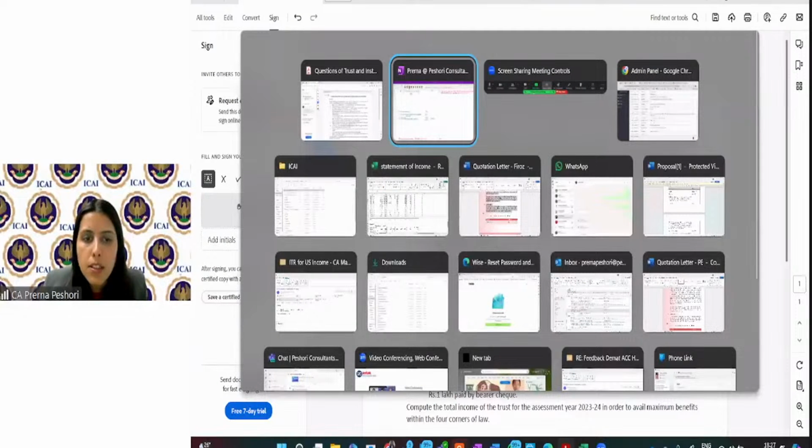What will happen in this particular case? Whether this income you will consider, you will not consider, what you will do? Income from medical college solely for educational purpose, rupees 10 lakh.